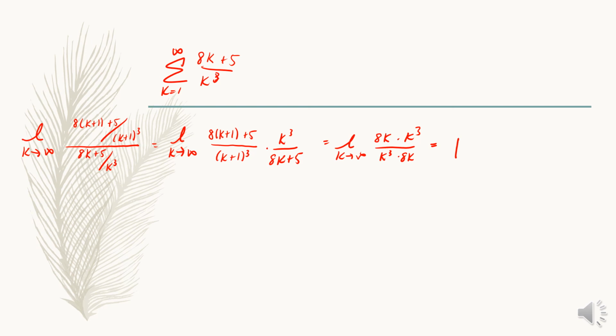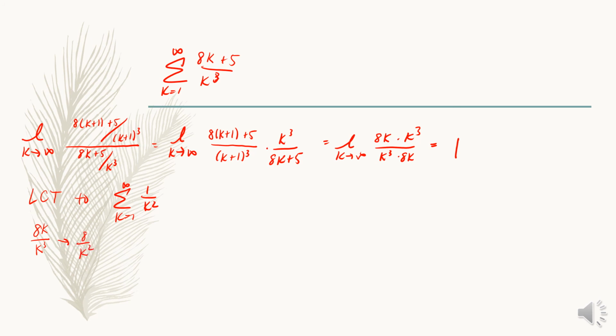Now if it were me and I saw this problem, I would say, well, maybe the ratio test wasn't that good. Maybe I should use a limit comparison test and compare it to the p-series 1 over k squared. And the reason I'm choosing that is because 8k over k cubed in the long run eventually kind of looks like 8 over k squared.